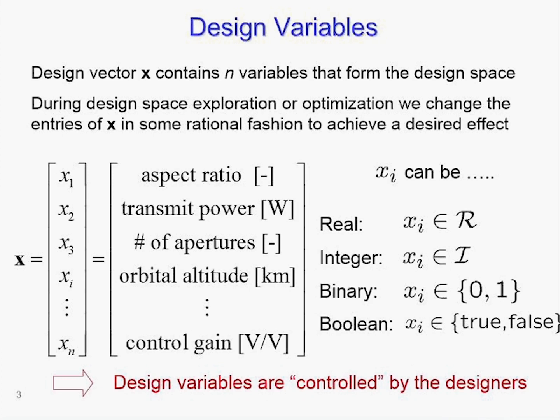And they're going to be responses or characteristics that we're trying to either minimize or maximize. Right, so these are going to be measures of performance, cost, schedule, anything that we might want to push either as high as possible or as low as possible in making the decisions about our designs.